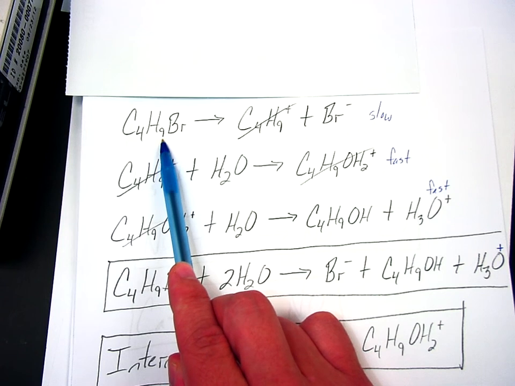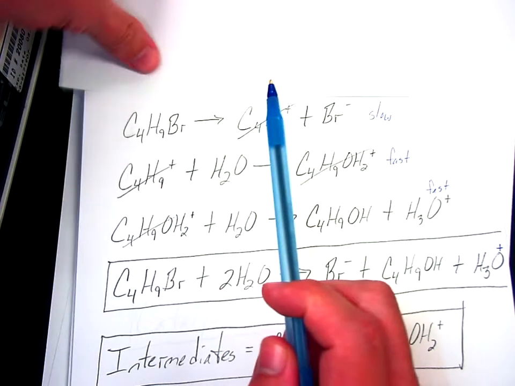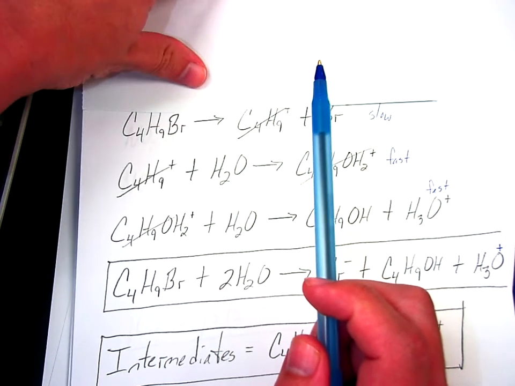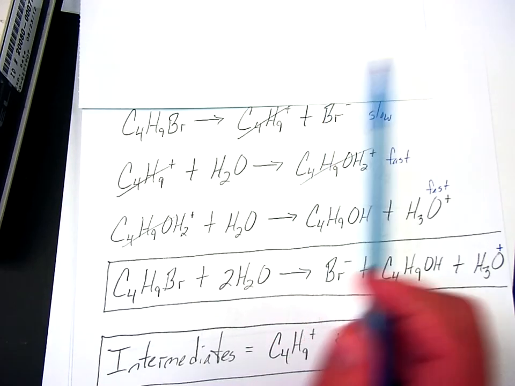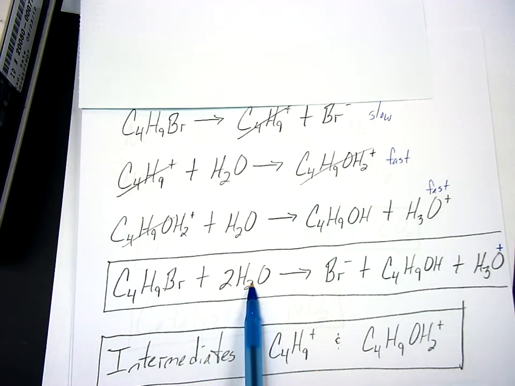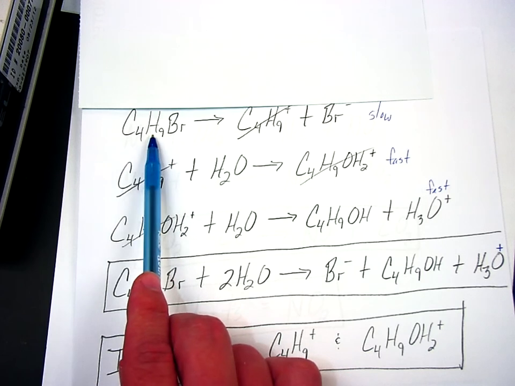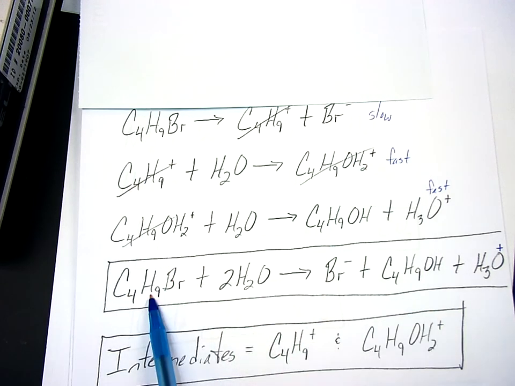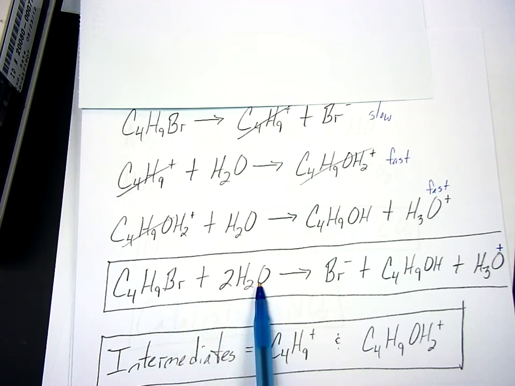All right. However, I know the rate law is also going to require me to include all reactants from the overall reaction. So I need to include the reactant from the slow step, and any reactants not in the slow step, so both of these guys will be present.